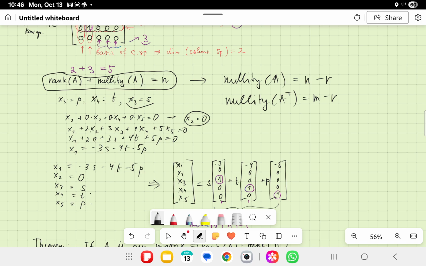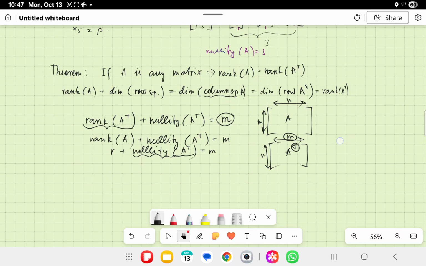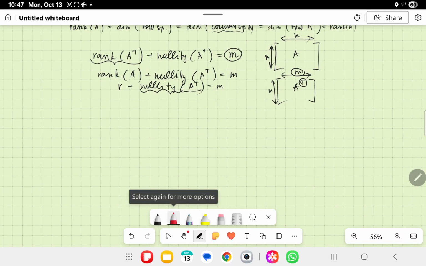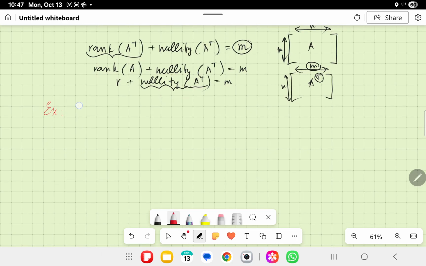Basically, that's all. And again, to find rank and nullity of a matrix, we will need to convert it into reduced echelon form. I'm going to consider a typical example. Find rank and nullity of A, which is equal to 2, 0, minus 1, 4, 0, minus 2, 0, 0, 0.